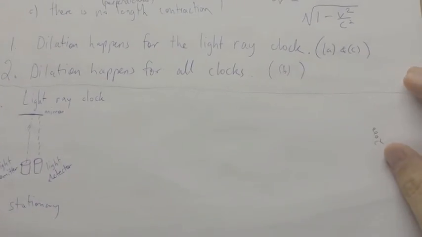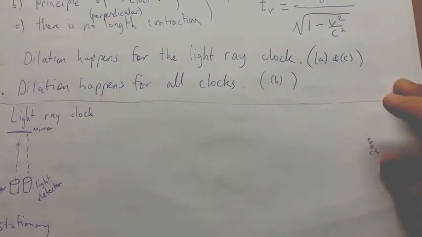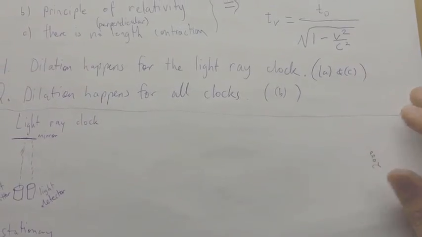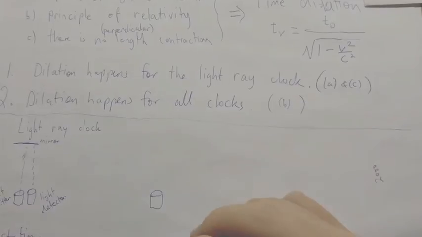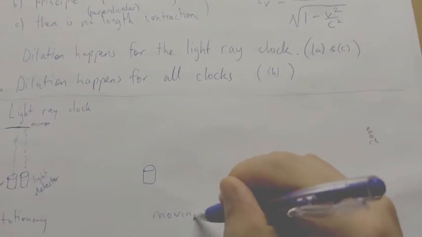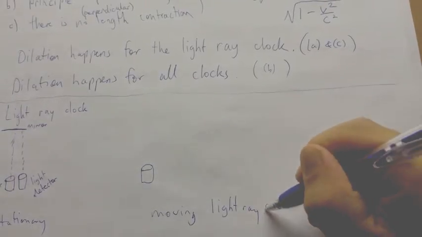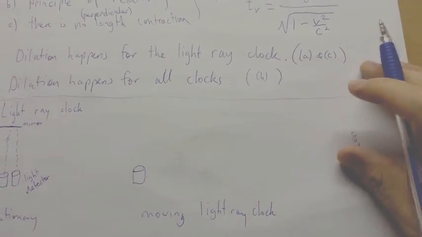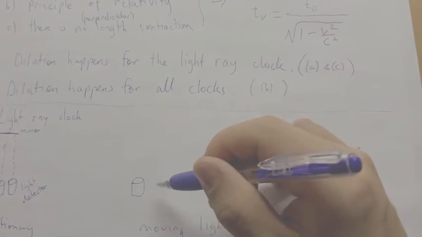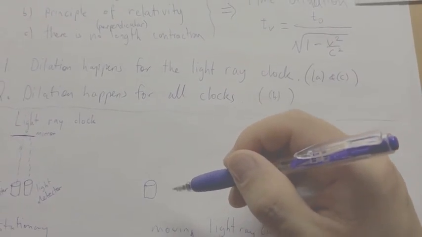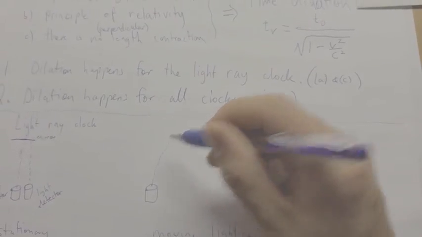What happens if the light ray clock starts moving? So if the light ray clock starts moving, the light will look like it's going up at an angle.